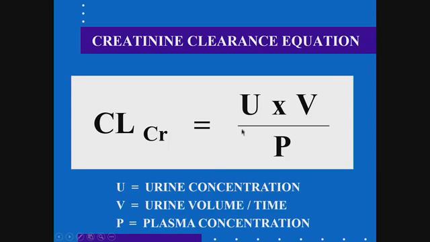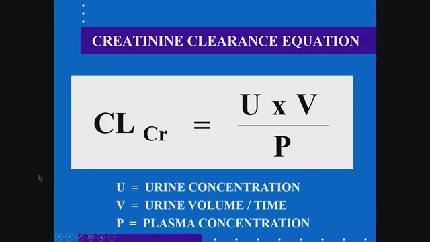And we have this relationship here that says that U times V over P determines what the creatinine clearance is in that context. So U refers to the urine concentration of the drug, or rather of creatinine in this case. V is the urine volume produced over a period of time. Typically, the creatinine clearance requires a 24-hour urine collection.